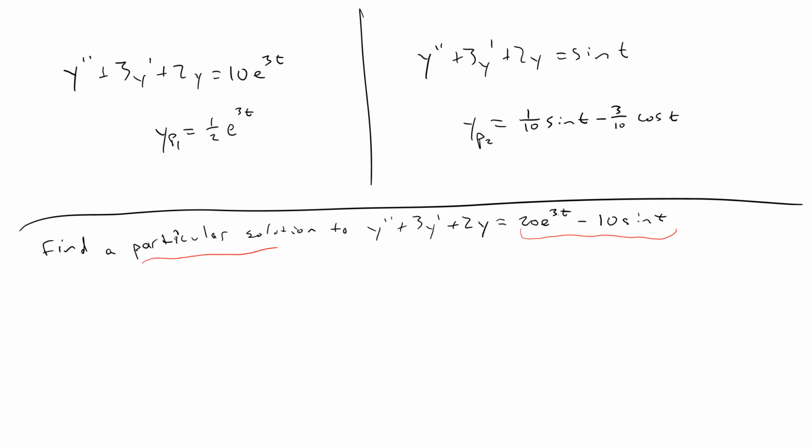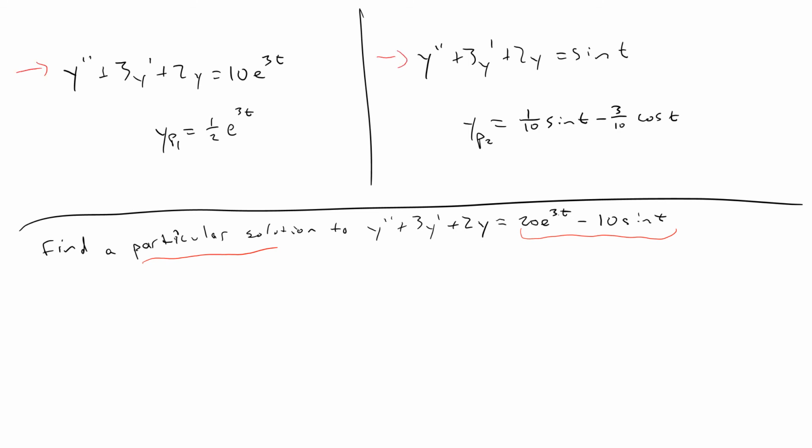This is one of those situations I was talking about earlier where the right hand side is kind of ugly, but we can take advantage of some equations that we've solved earlier. If you look back in your notes from our lesson on undetermined coefficients, we solved these two equations up here.